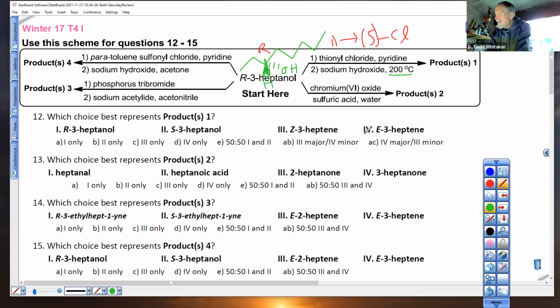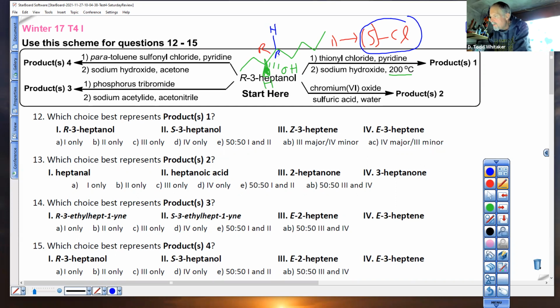I could have got a 2-heptene, but it wasn't listed as one of the products, so don't worry about 2-heptene. The 3-heptene is by taking this H here. I'll just put a little note here. In the next step, this is the H that's going to go, the one with the H attached here, which is beta.